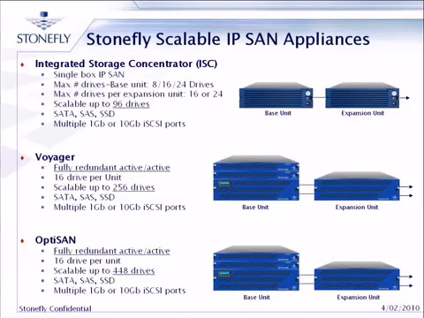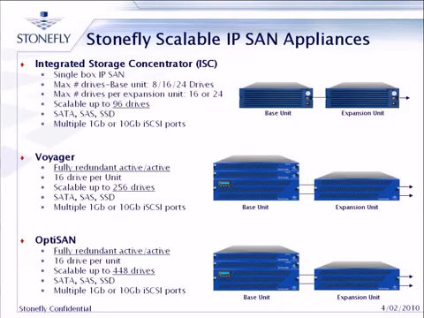But the ISC is basically a single unit. So if for some reason something goes wrong on the motherboard or the hardware of that box, and it goes down, you lose access to the storage. As far as expandability, they are all expandable. In the case of the ISC, you can expand with 16-drive or 24-drive expansion units.